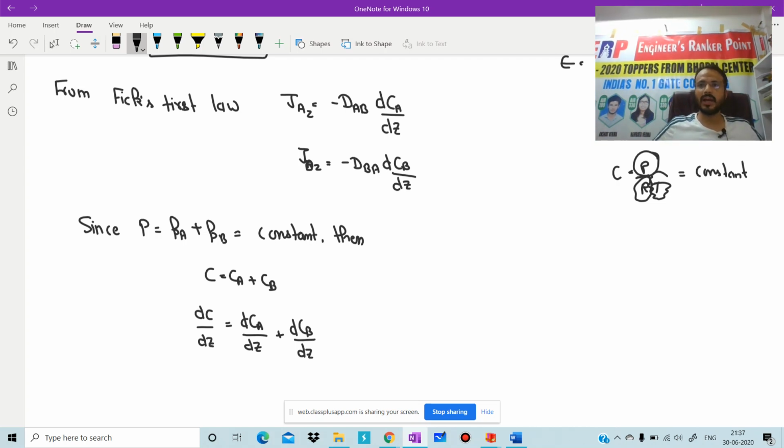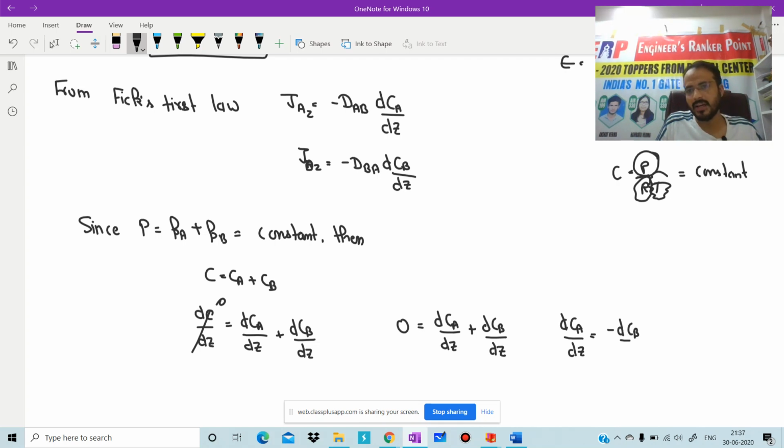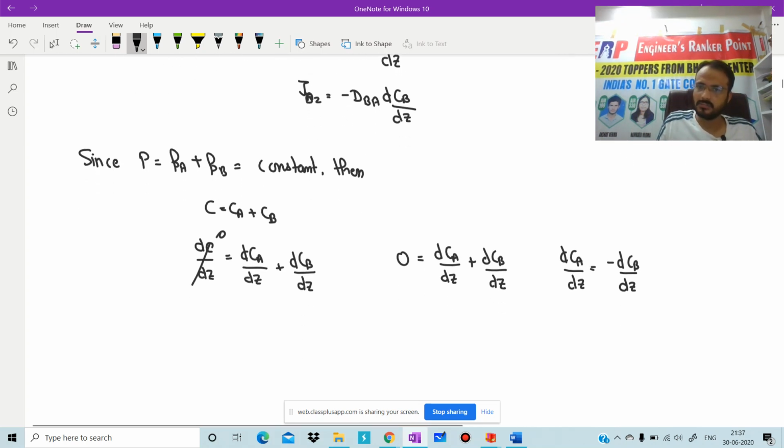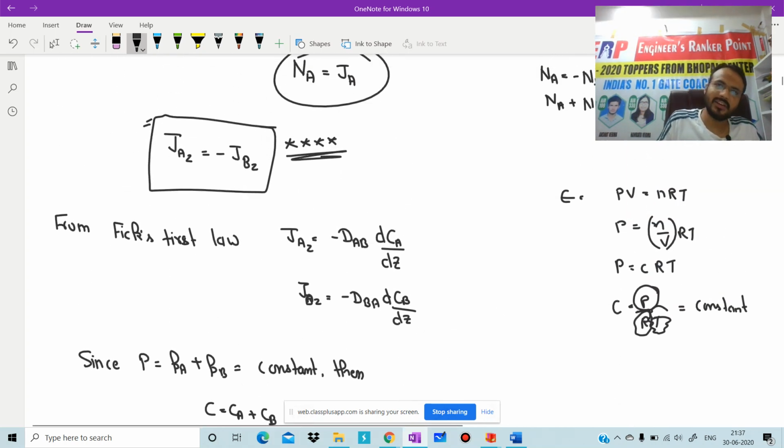We know that the differentiation of any constant is 0. Is it clear? Then what we will get? 0 is equal to dCA by dZ plus dCB by dZ, or we can write dCA by dZ should be equal to minus of dCB by dZ. Is there any rocket science? Is it clear? Now we have our first equation.